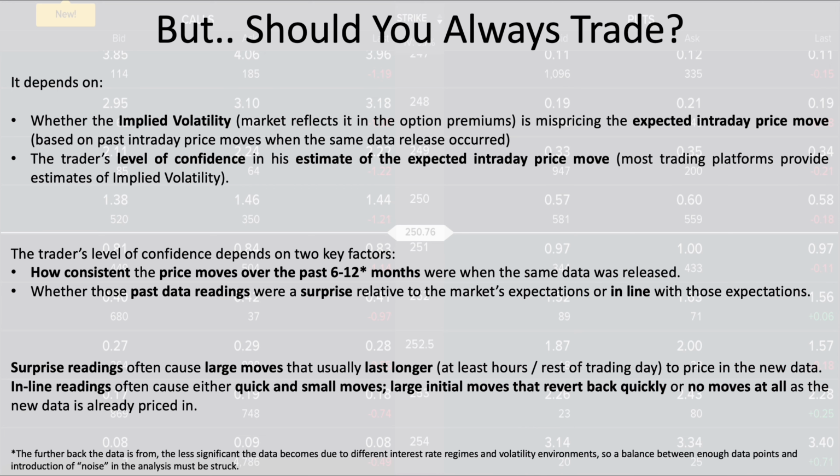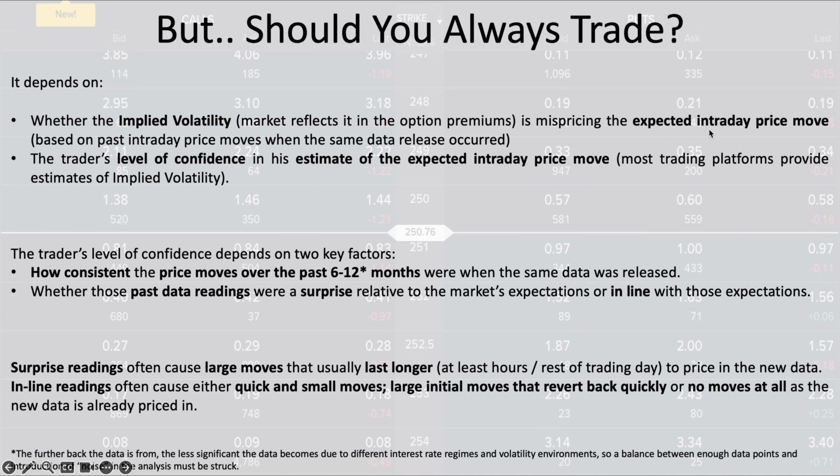If there is not a volatility event coming up, or an important data release coming up, the premiums will be lower. And so it depends on whether this implied volatility is not pricing correctly the expected intraday price move.